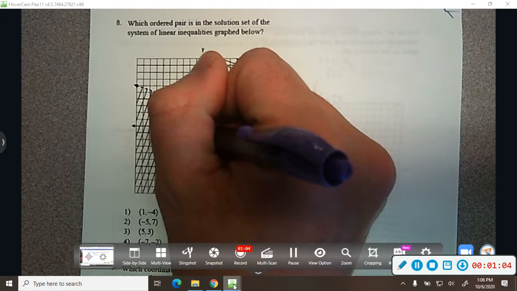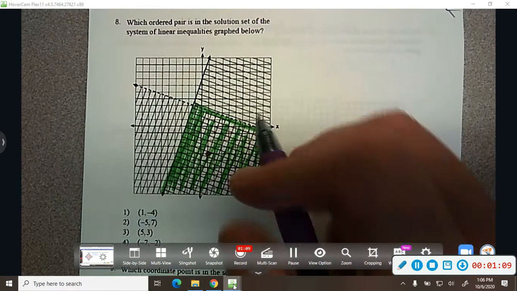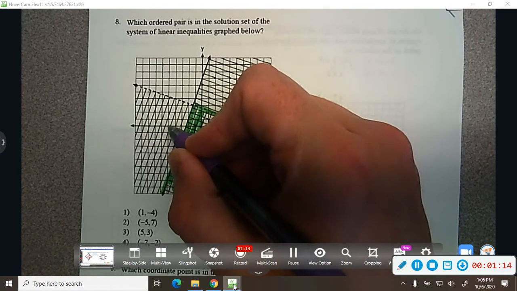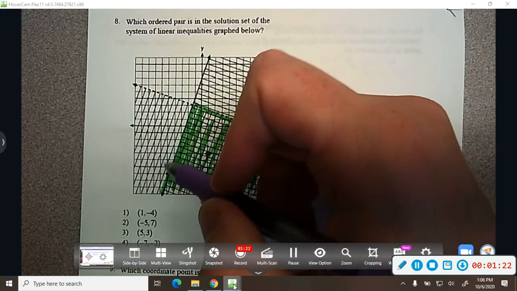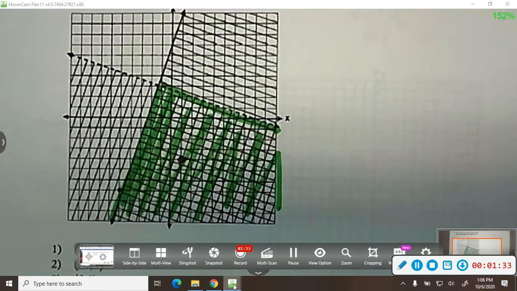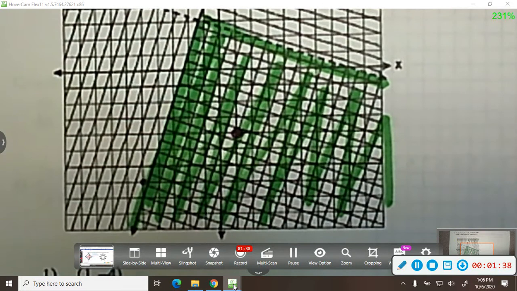One, 2, 3, 4, 5, -7. It's almost in there, but not quite. It's just right off the line. So it's barely not in there.